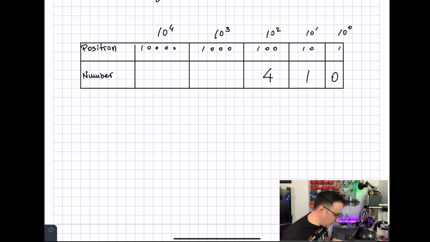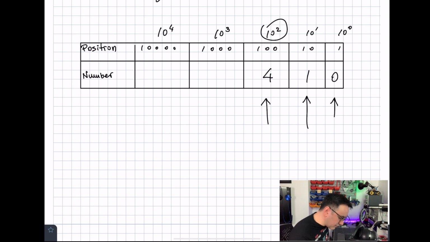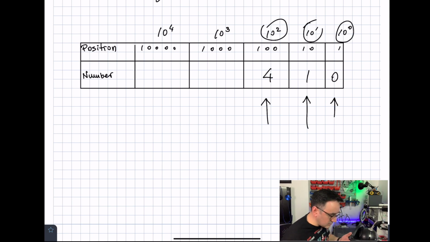So here we can see that at every single position, we have a corresponding power of 10, representing each position. So in the case of 4, 10 to the second power is 100, then 10 and 1. In this way, that's how we calculate any decimal number.